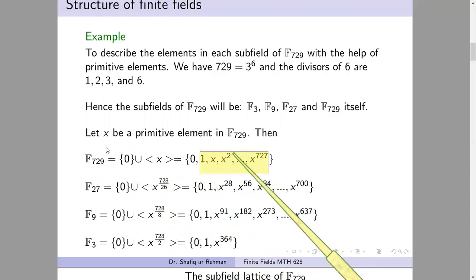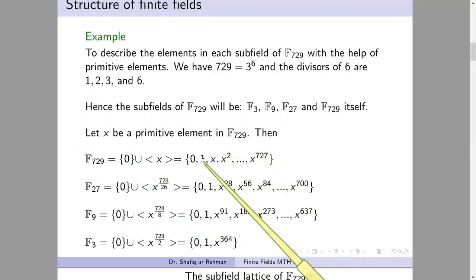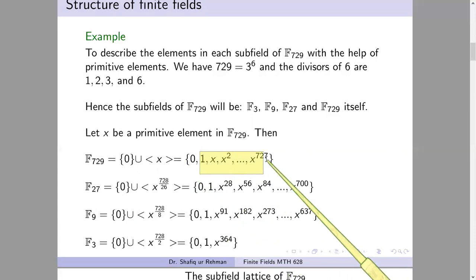This highlighted part is a cyclic group, x is its generator, and x power 728 is 1. So what is the order of the primitive element? The order of x is 728.